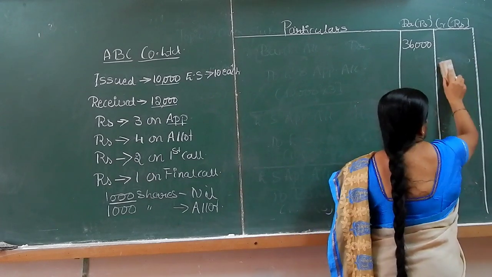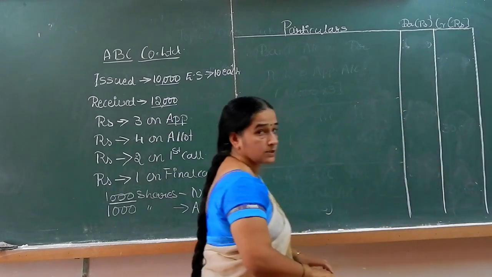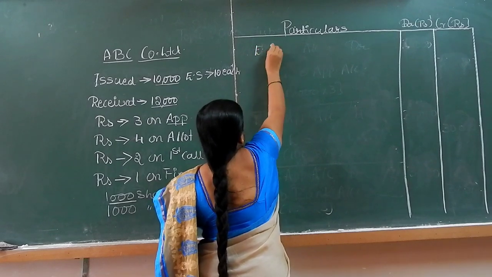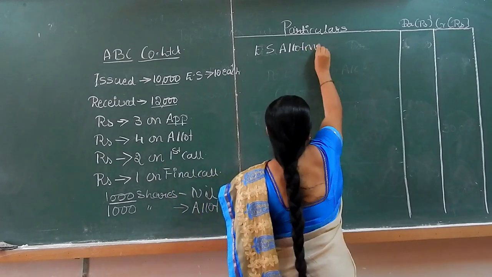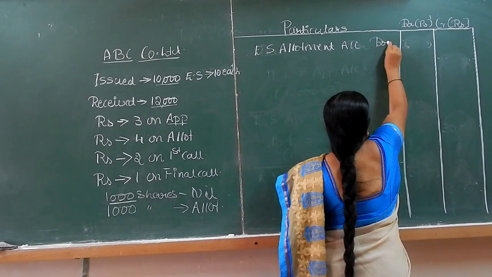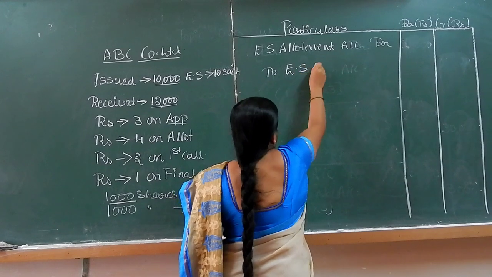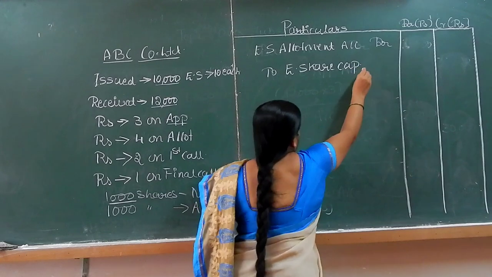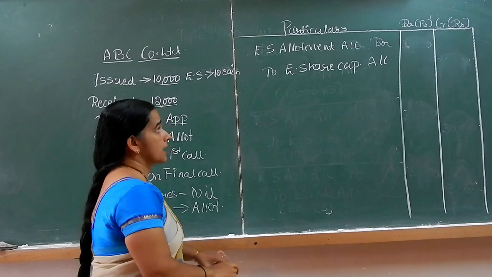When the due notice is sent to pay the allotment money, one entry has to be passed, that is equity share allotment account debtor to equity share capital account.